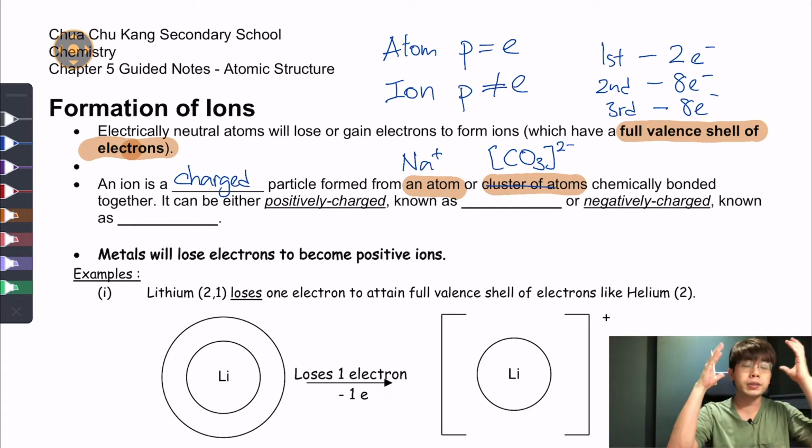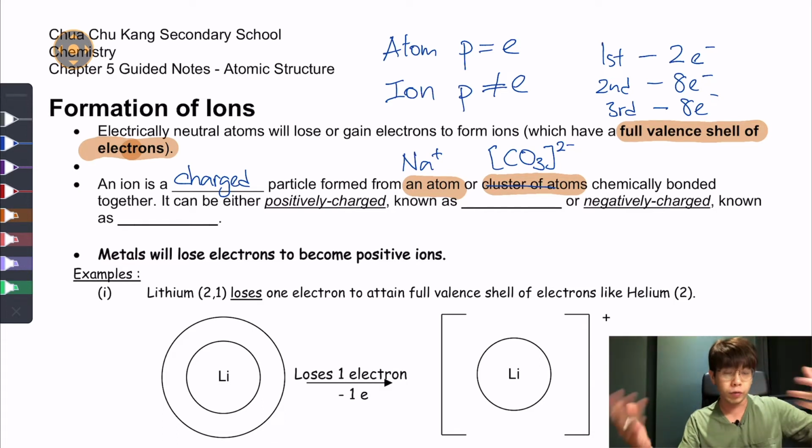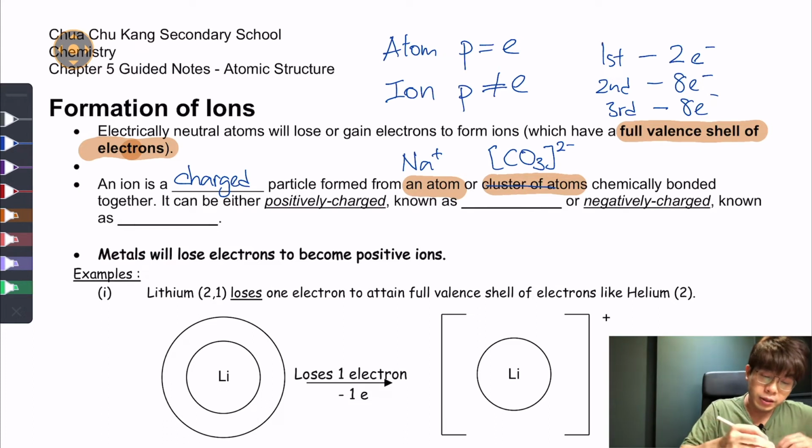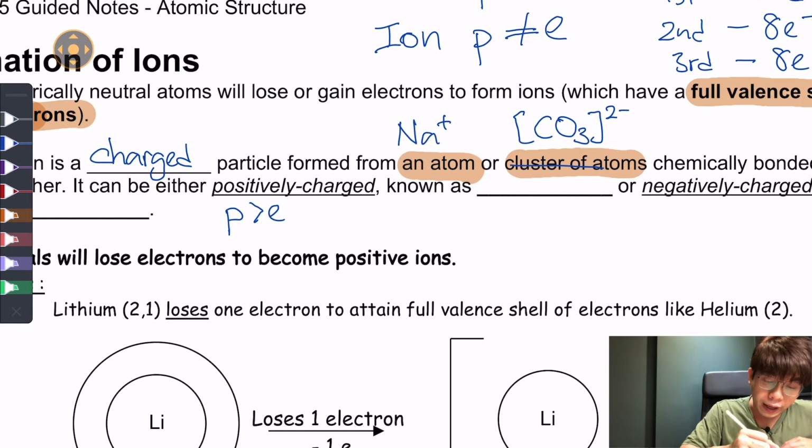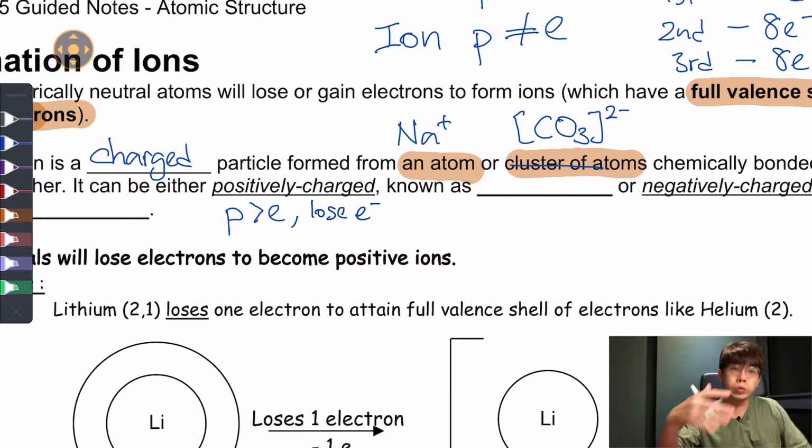Like if I have more positive thoughts than negative thoughts, I'm overall a positive person. So a positively charged ion has more protons than electrons, or I lose my electrons. I'm losing negative charge, I'm losing negativity, and then I become positive.